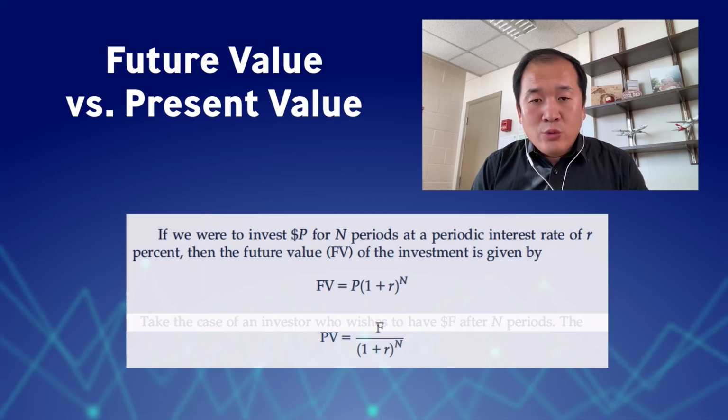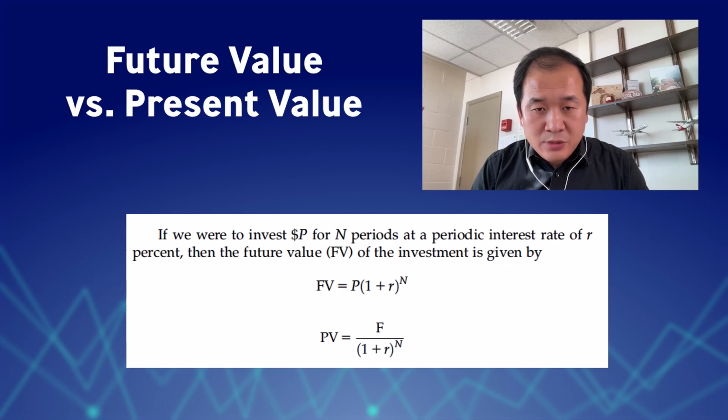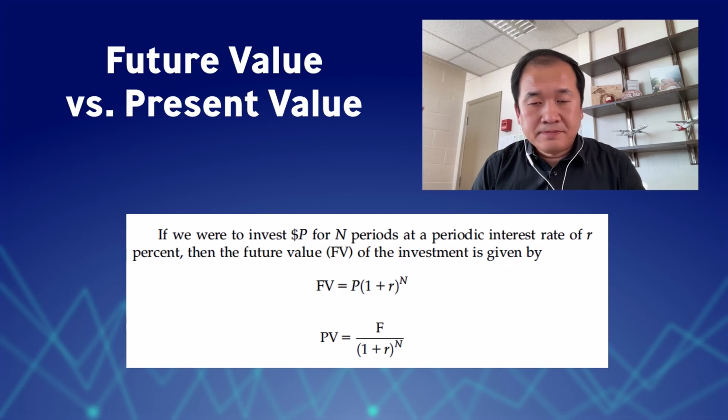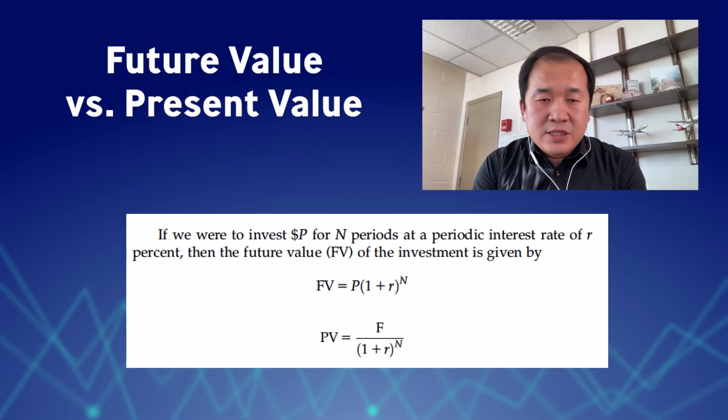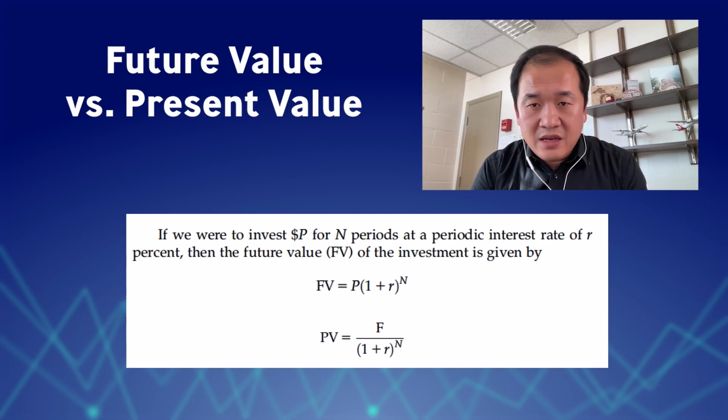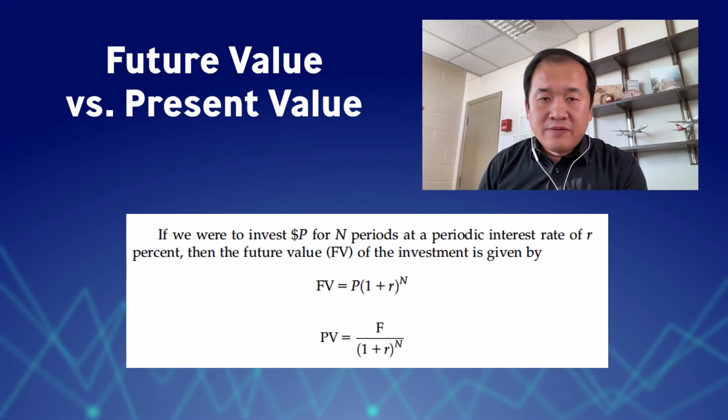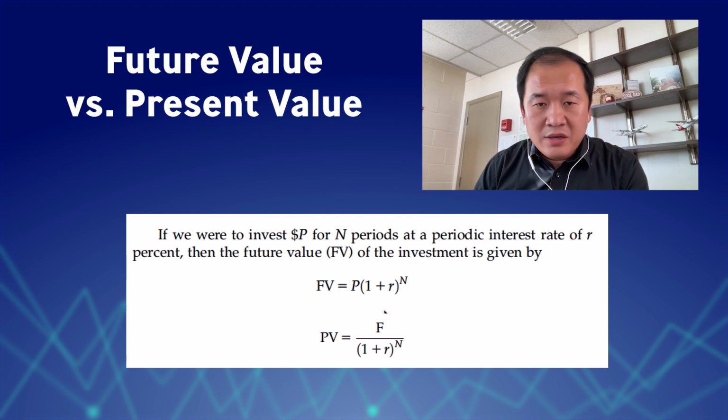So when we calculate investment returns, we need to factor in the time value. We need to convert between the present value and the future value of money back and forth very often in finance. In this slide, if we invest P for N periods at a periodic interest rate of R%, then the future value of the investment can be calculated this way.